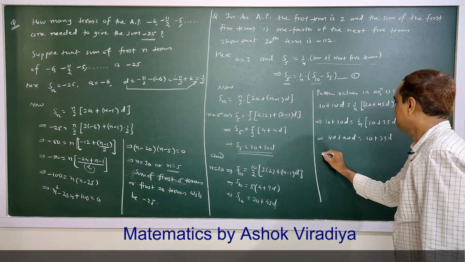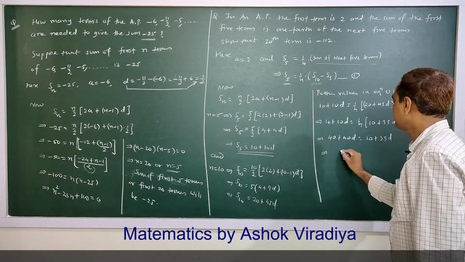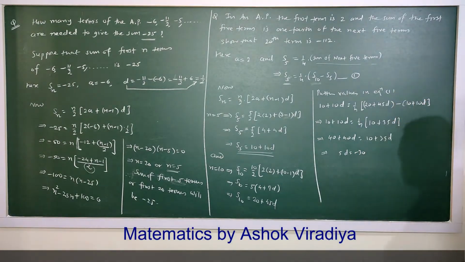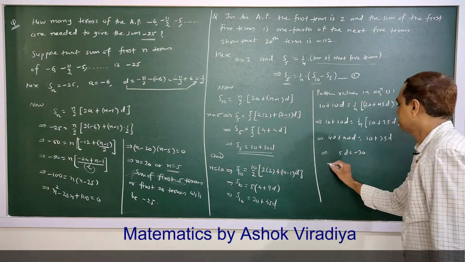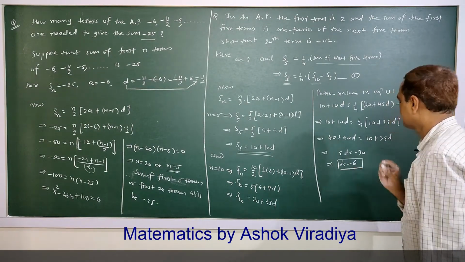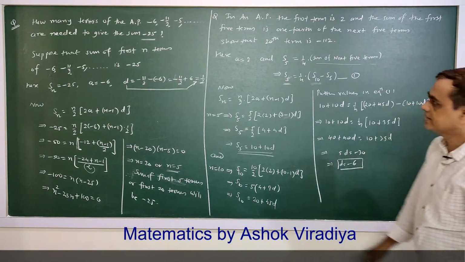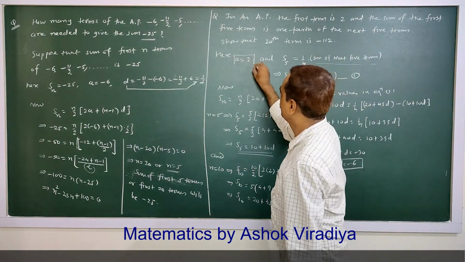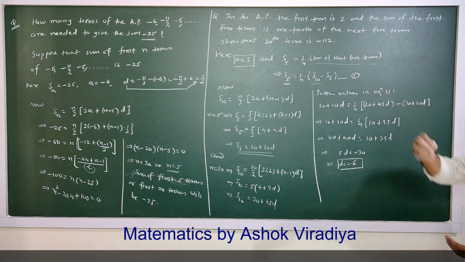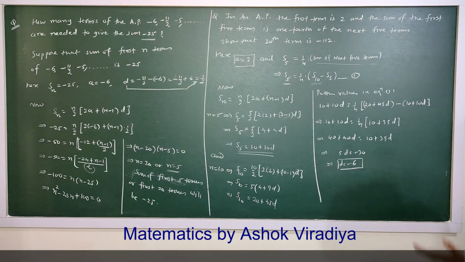Therefore 40 minus 35 gives 5d equals minus 30, so d is minus 6. d is minus 6, a is 2. If we have a and d, we can calculate any term. We want the 20th term.